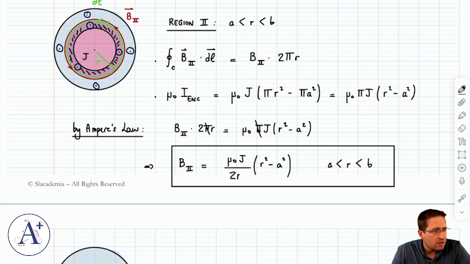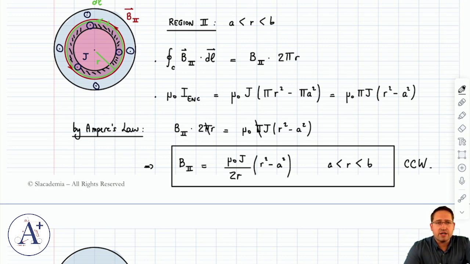All right. So that's what the magnetic field is going to be in that region all the way up to the edge of the cylindrical shell. Okay? And by the way, we know that it is counterclockwise. So if you want to indicate direction of the magnetic field, of course, you can always just write counterclockwise. Everybody will understand.